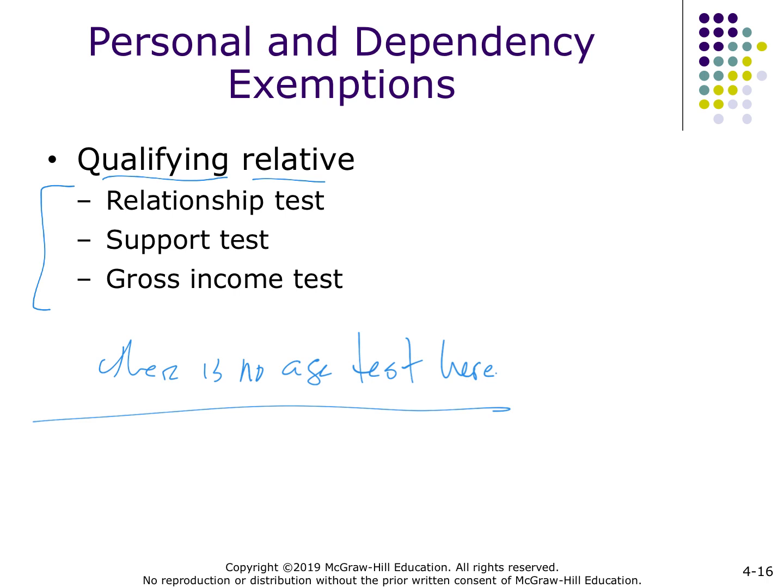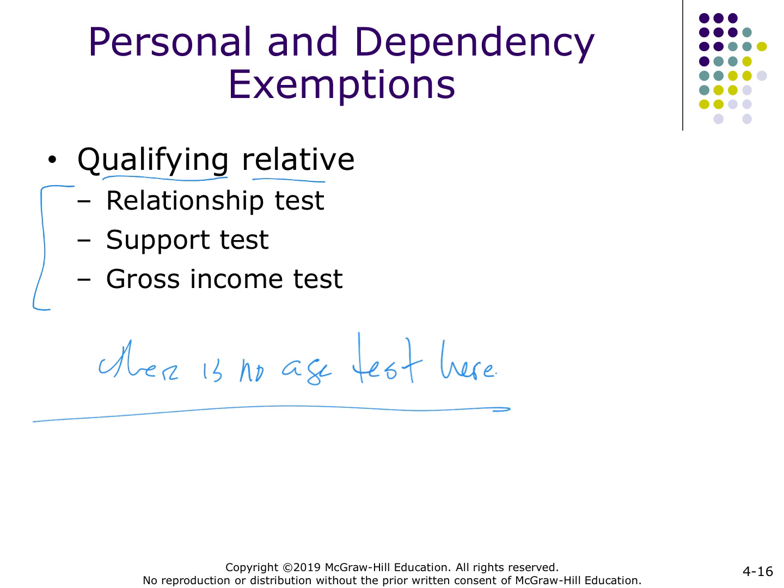All right. The relationship test. Let's talk about this. Okay, so in order to qualify as a qualifying relative, you have to be either a descendant or ancestor of the taxpayer. So child, grandchild, parent, or grandparent.